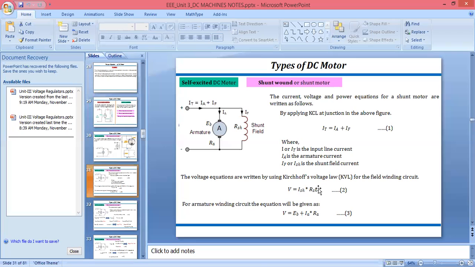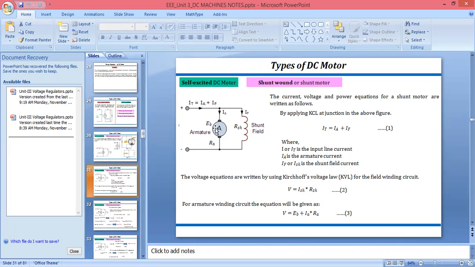You can write here. Now when you are applying KVL for this closed circuit, what will happen? Total voltage will be equal to, some potential drop will go to this, some will go to this. So the potential drop will be generated across the DC motor. If that is a DC motor, तो EMF जो जनरेट होता है उसको हम क्या बोलते हैं, back EMF. We call that EMF a back EMF.